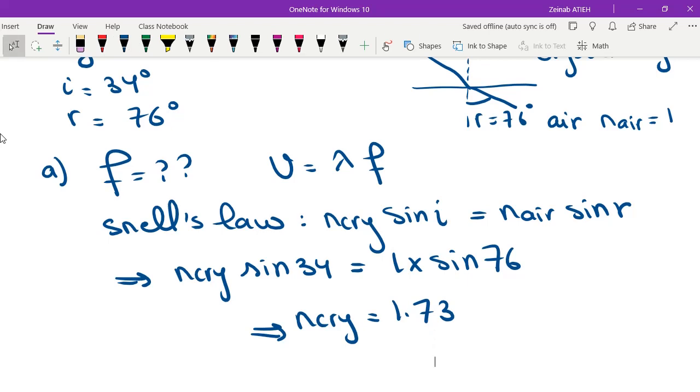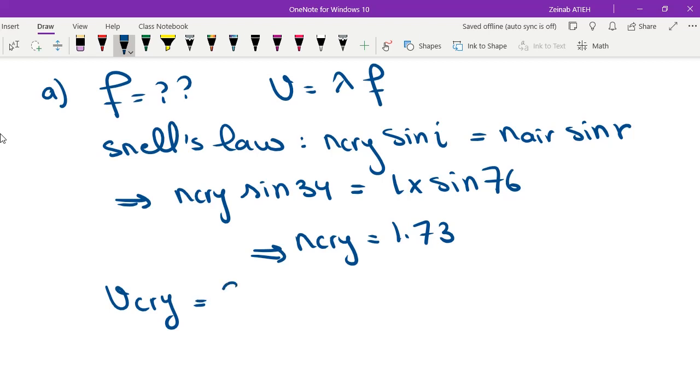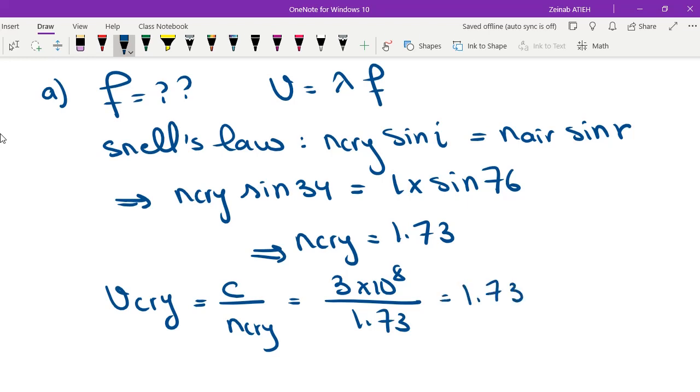Now we can find V in the crystal. V, the speed of light in the crystal, is equal to C over N crystal, which is 3 times 10 to the power 8 over 1.73, equal to 1.73 times 10 to the power 8 meter per second.